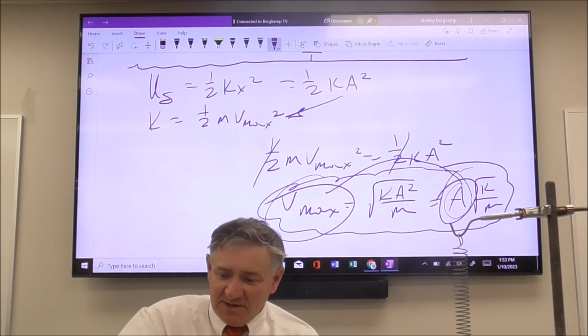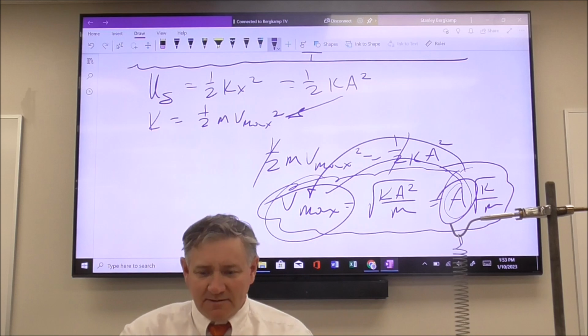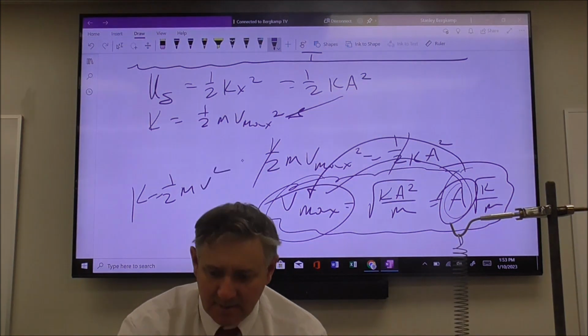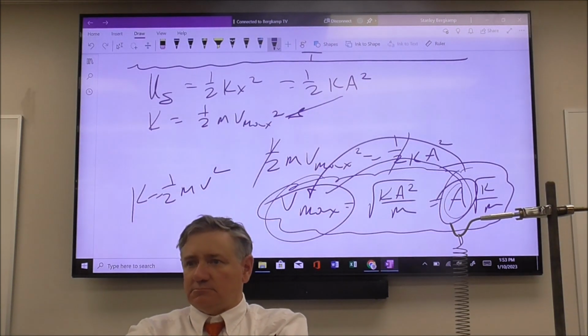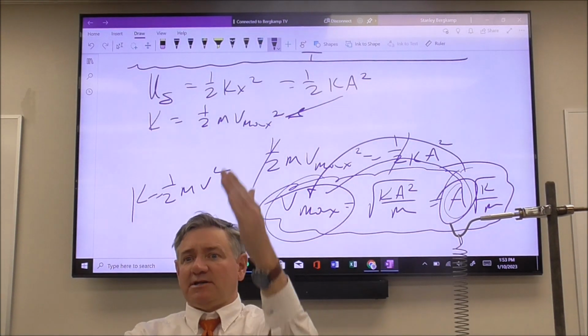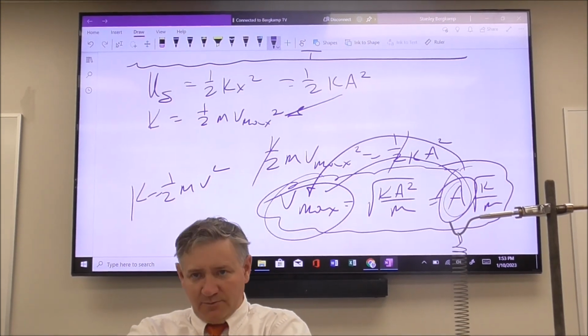If I double my amplitude, I double my v max, and my kinetic energy is 1/2 mv squared. So if I double my velocity, I'm going to increase my kinetic energy by a factor of 4.